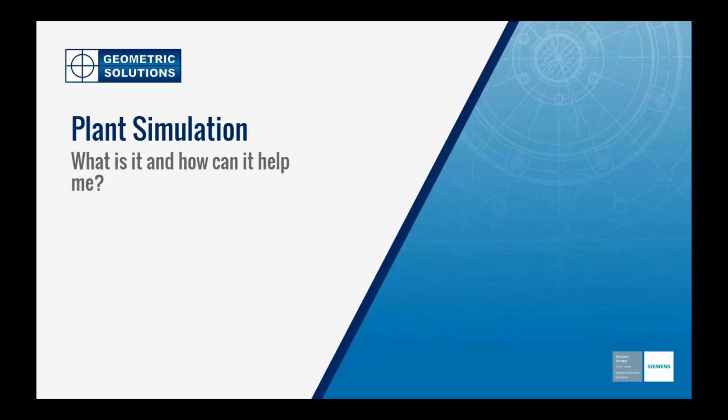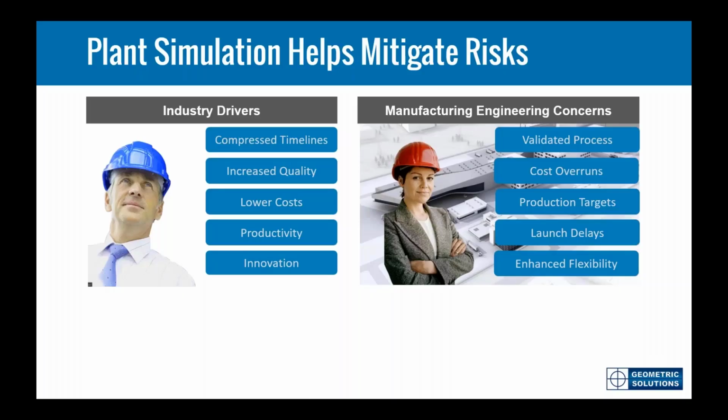Now, let's look at plant simulation briefly and see what it is and how it can help you. In today's world, we have a lot of issues that are coming up and increasing our risk. A lot of them are increased quality, lower cost on the industry side. They want compressed timelines, faster, quicker.